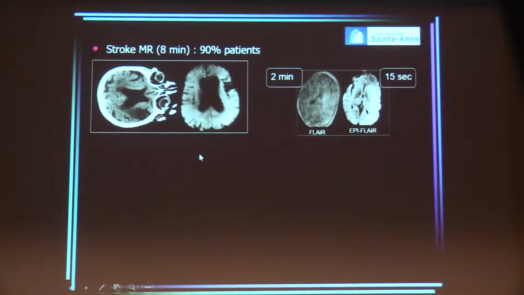In restless patients, it's very useful to have fast sequences on your MR system. For example, here you can turn the conventional FLAIR that lasts 2 minutes into an echoplanar-based FLAIR that lasts 15 seconds, so you can manage to have all the information very quickly.